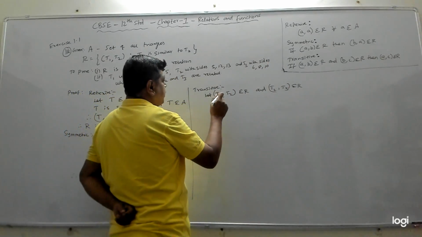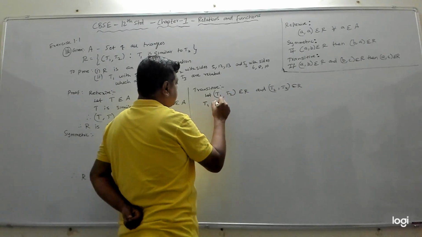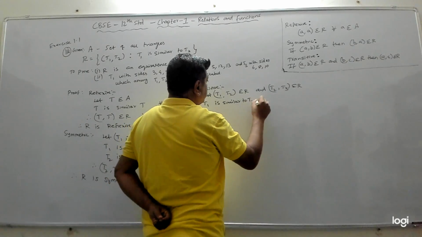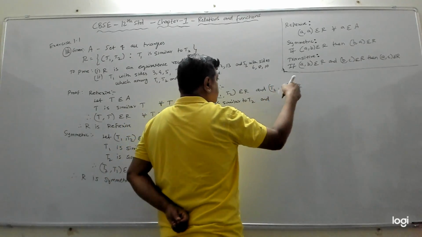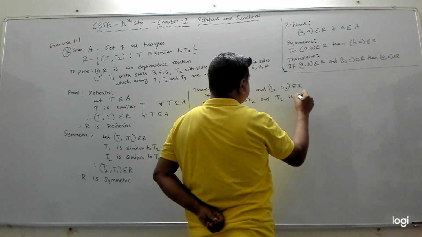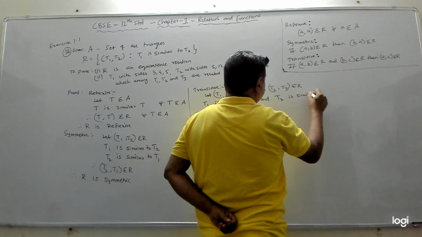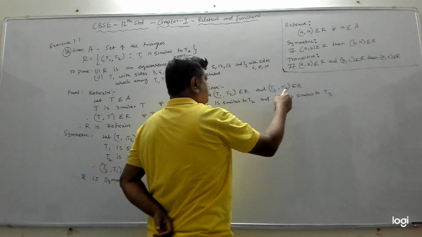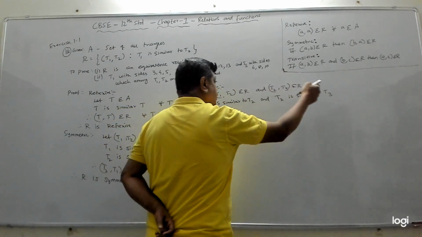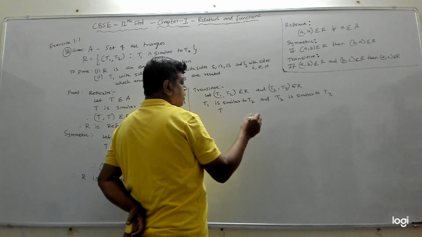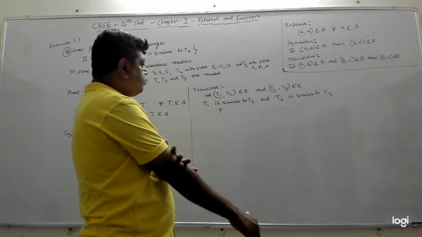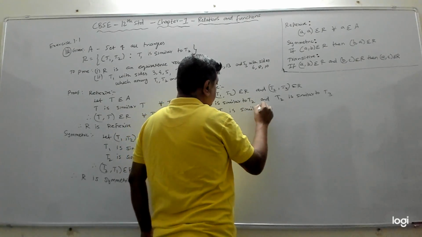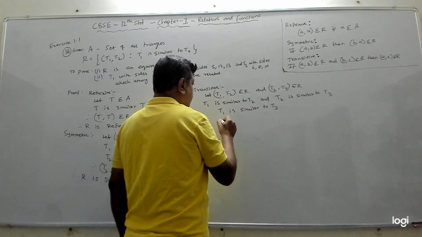How do you prove this? When (T1, T2) belongs to R, it means T1 is similar to T2, and (T2, T3) belongs to R means T2 is similar to T3. So when T1 is similar to T2 and T2 is similar to T3, we can say T1 is similar to T3, based on the similarity of triangles condition.